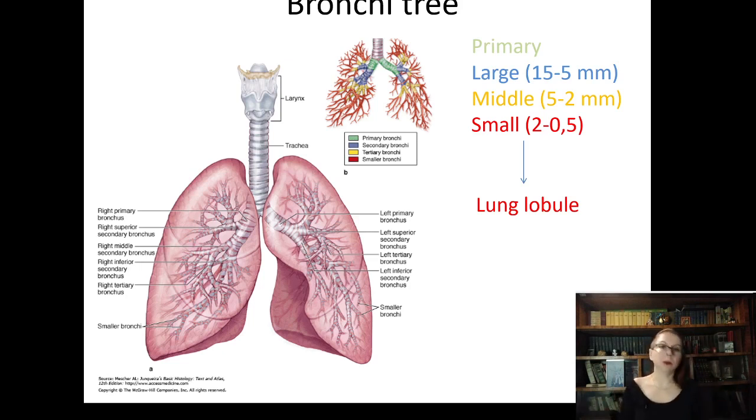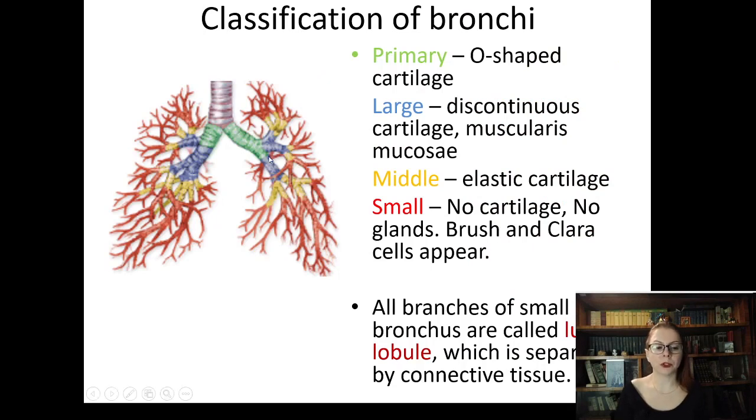Okay, this is for the anatomical classification, but in histology, we roughly divide bronchi into three conditional categories. These are the large, middle, and small bronchi, depending on the diameter and on the structure of their wall. So let's consider what the features of all those types are. As you remember, trachea has C-shaped cartilages, and the difference between the primary bronchi and trachea is only in the presence of O-shaped cartilages.